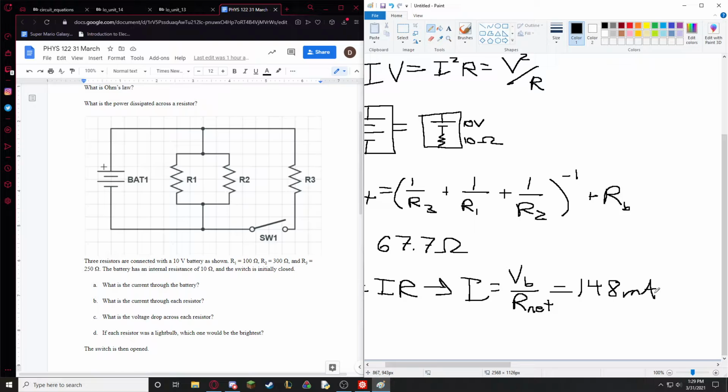All right. So then how would we calculate the current through each resistor individually? Do we actually know the total voltage drop across each resistor? Yeah. And what would it be?